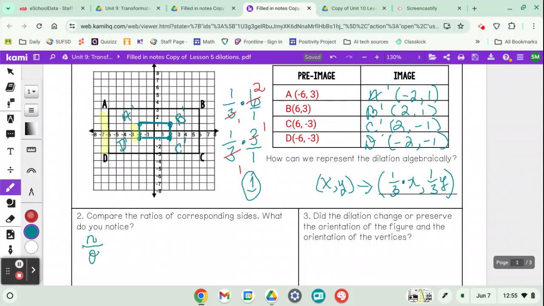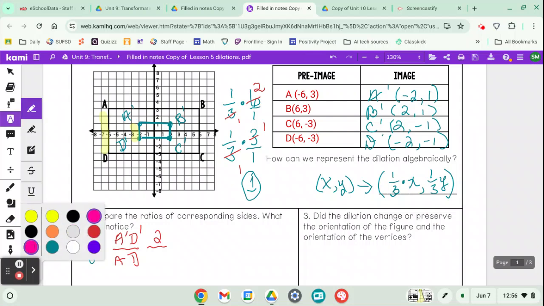And we're going to take each segment or side piece by piece. Side A prime D prime is 2 units long, tall, high. And AD, if we have a scale factor of 1/3, should be 6 units long.